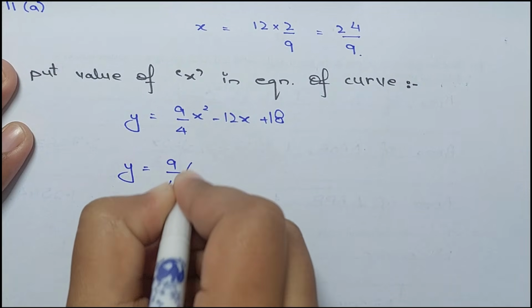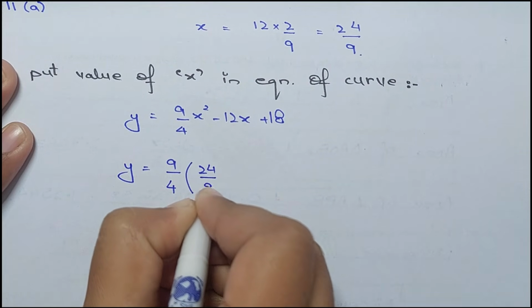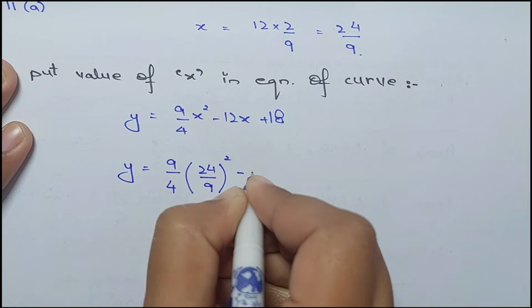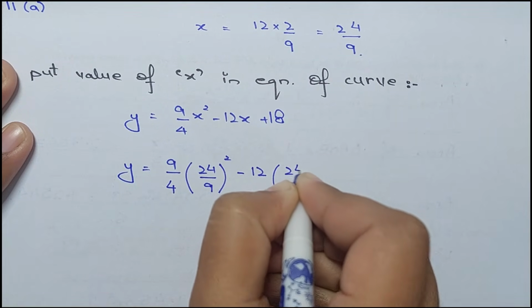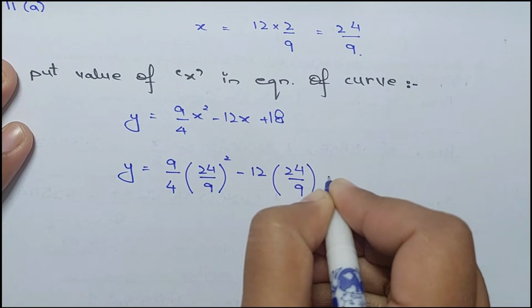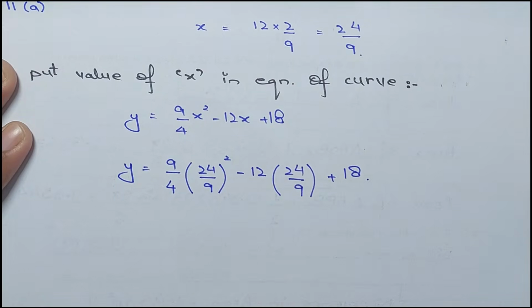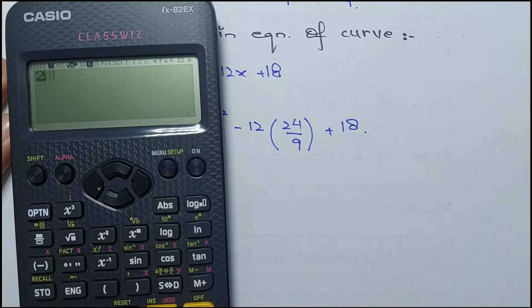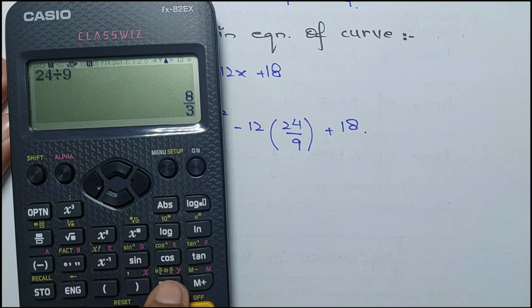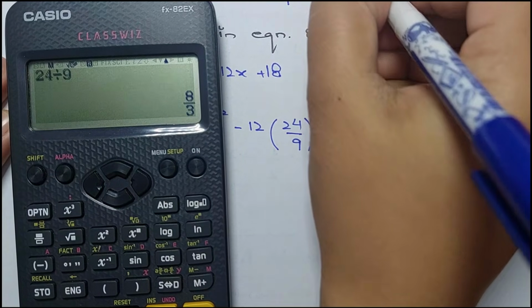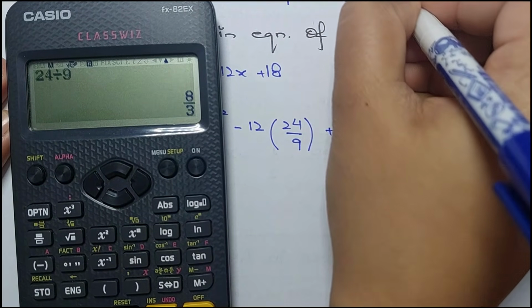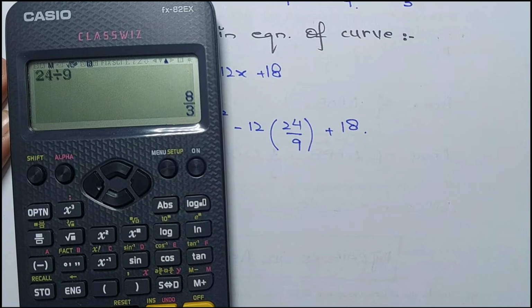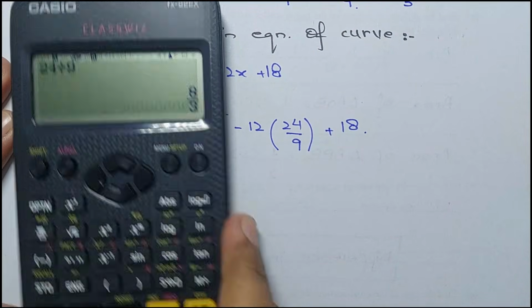9 over 4, x is 24 over 9, take its square. Minus 12 times 24 over 9, and plus 18. Let me simplify this. Okay, 24 over 9 is 8 over 3. You can use 24 over 9 or 8 over 3, both are okay, right?